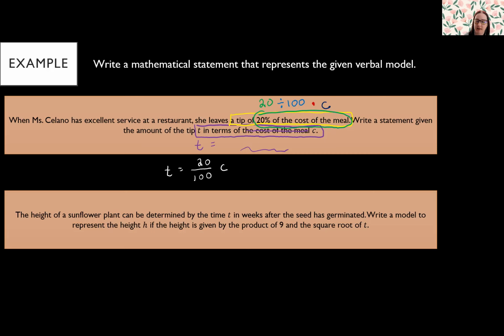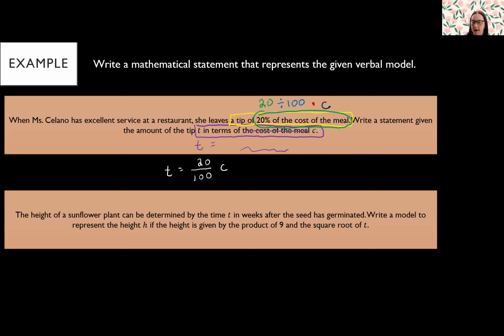It's not necessary for translating. They're just telling us that we can write an equation for the height if we have the time since the seed has germinated. The second sentence is actually giving us the translation here.